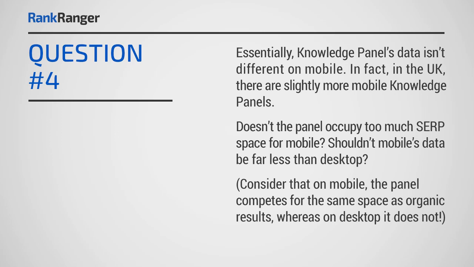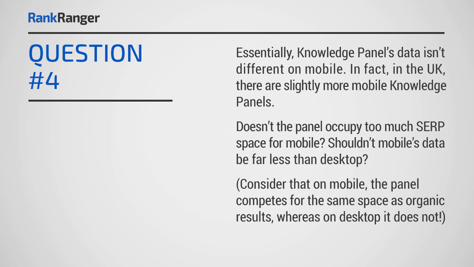I would expect there to be far fewer mobile knowledge panels than desktop knowledge panels. In other words, where there is no competition for the space, let Google show as many knowledge panels as it wants to, right? But on mobile, where knowledge panel eats away at a lot of organic space, I would have thought there would be far fewer mobile knowledge panels than desktop.